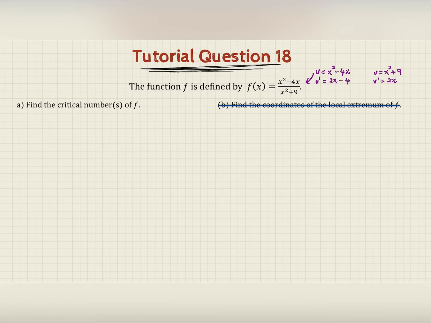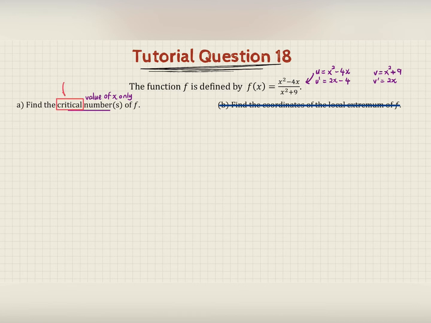Okay, so the question is find the critical number. Okay, tengok dekat sini dia minta critical number. So bila critical number, dia hanya minta kita value of x sahaja. Okay, and dia mention critical.